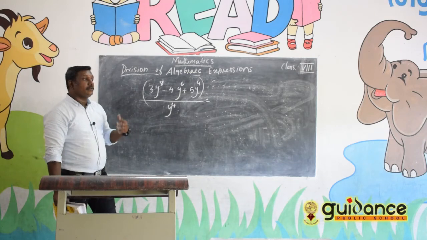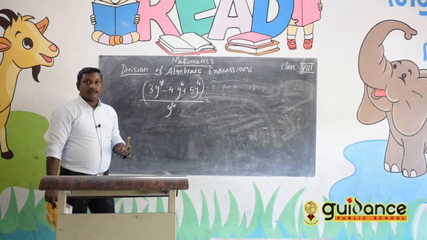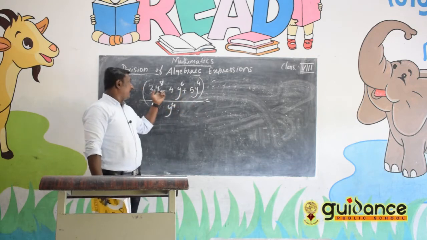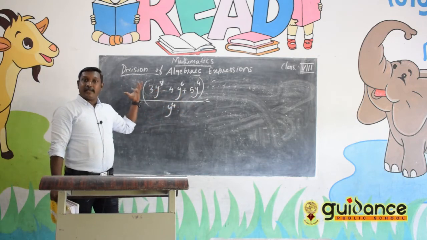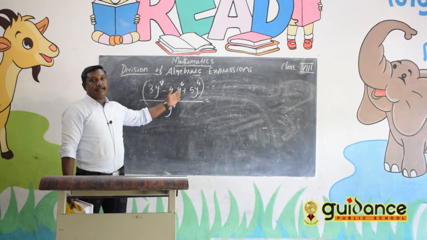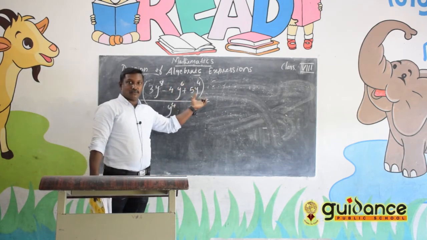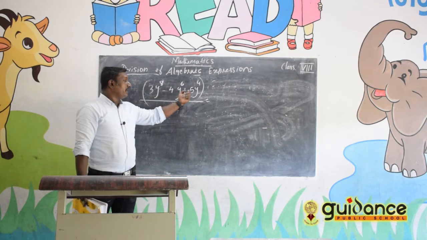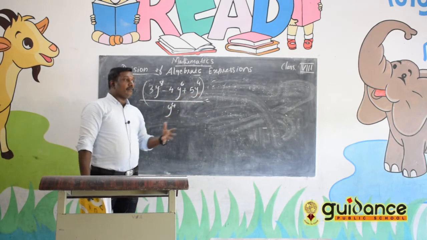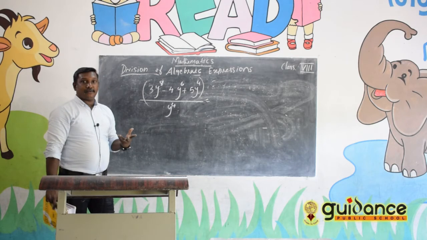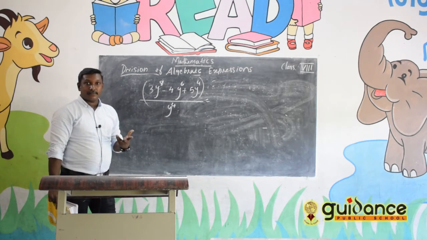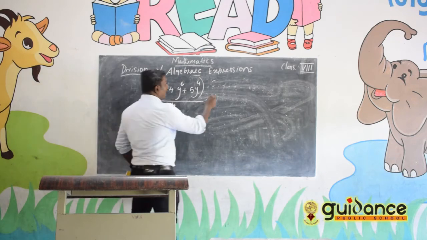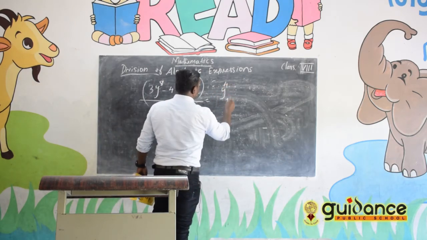What is the maximum power we can take from that? Can I take y raised to 8? When we consider y raised to 8, here is only y raised to 6 and here only y raised to 4. When we consider y raised to 6, here is only y raised to 4. Then what is the maximum power we can take? I think y raised to 4. So y raised to 4 we can take as the common term.